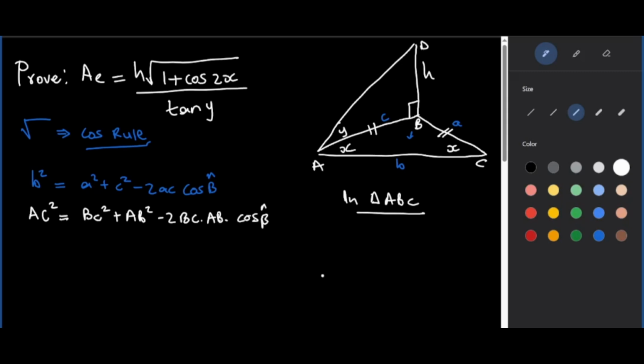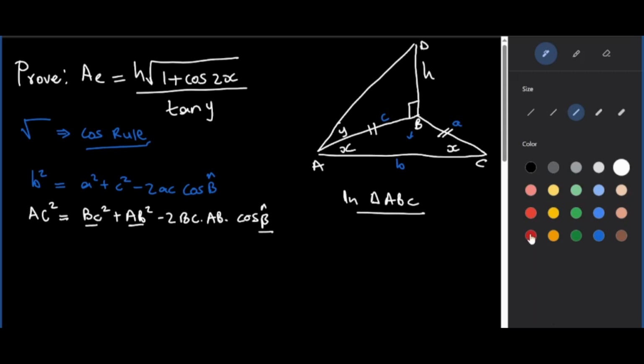So what I want us to look at now is, I need you to ask yourself: do we know what BC is? No, we don't know what BC is, we don't know what AB is, and we don't know the cos of B. So we need to calculate that.